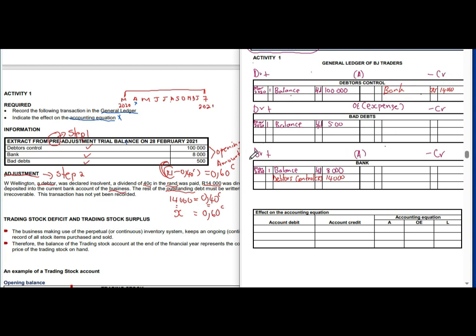One account debited, another account credited, and we will use it whenever we complete our accounting equation. We have recorded our 14,000.